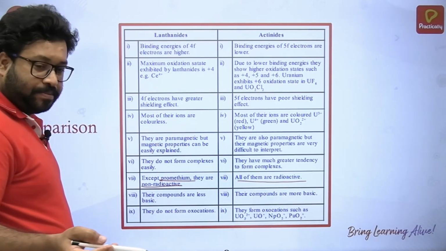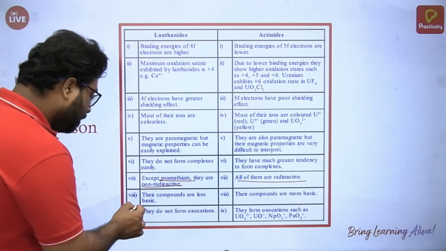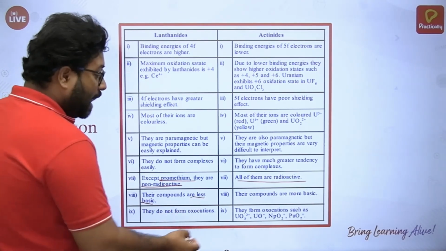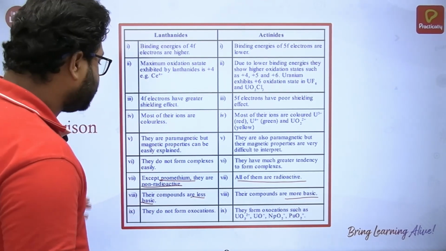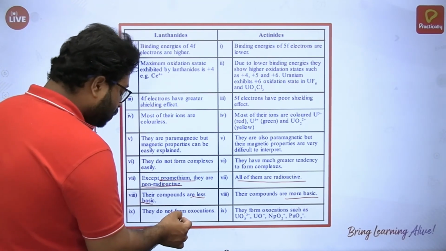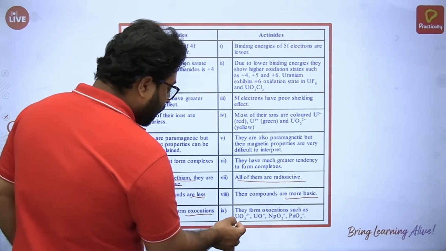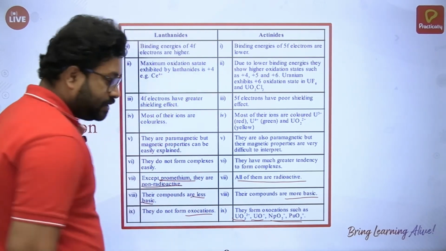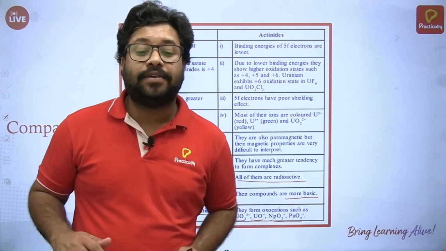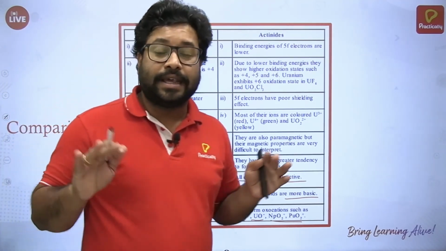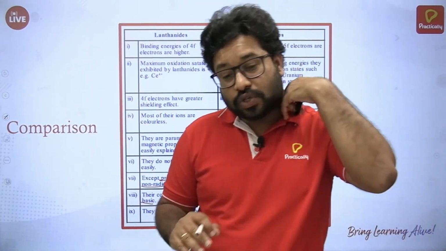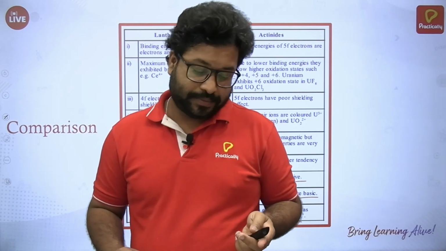Secondly, lanthanide compounds are less basic. Actinides are very, very basic. So these are some of the differences. Then lanthanides do not form oxocations. Actinides form oxocations. So these three are distinctive differences. Other than that, mostly they show the same properties.